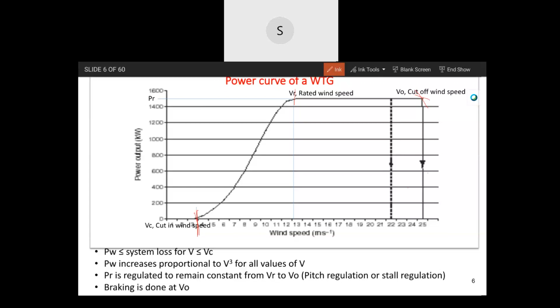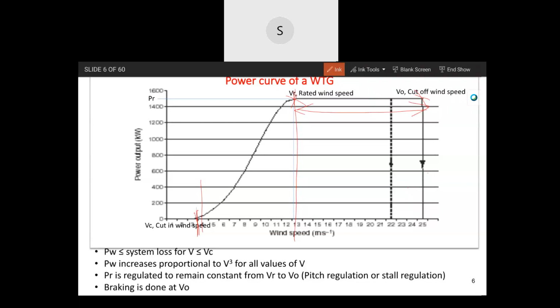Now, one interesting observation you might have made is that the power in the wind is proportional to the cube of the wind speed. And of course, in this range, from cut-in wind speed to rated wind speed, the power output is increasing because input power is increasing. But why is it not increasing in the range from the rated wind speed to the cutoff wind speed? This is done deliberately because rated wind speed means the wind speed at which the generator capacity is reached, and we cannot overload the generator.